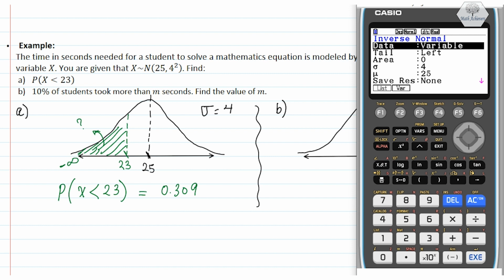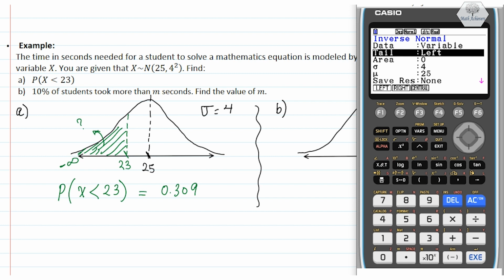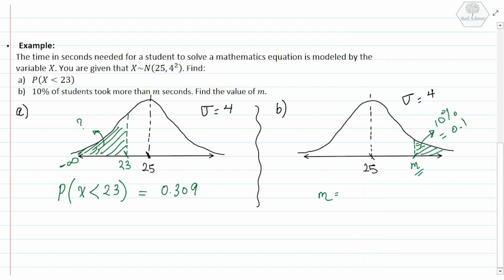My data is a variable, my tail is on the right, the area is equal to 0.1, the standard deviation is 4, and the mean is equal to 25. I execute, having the value of m to be 30.1 seconds.